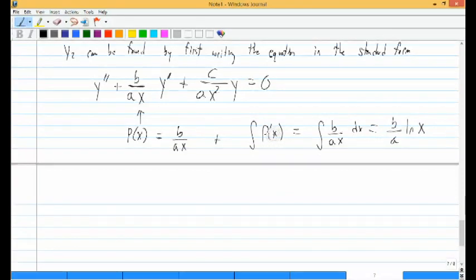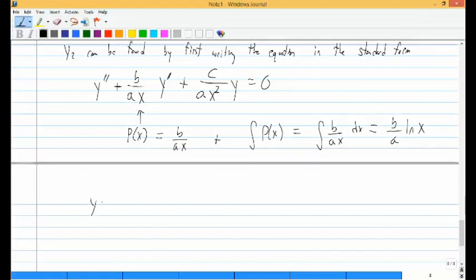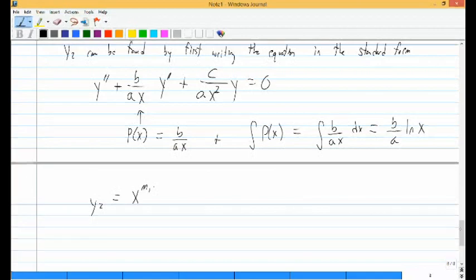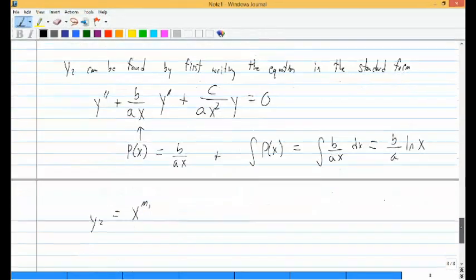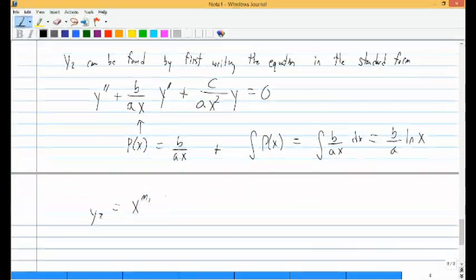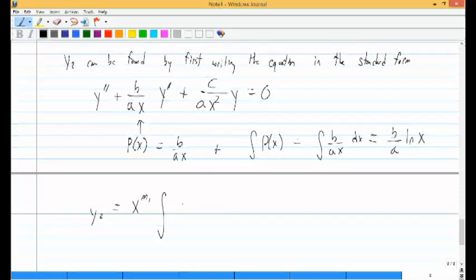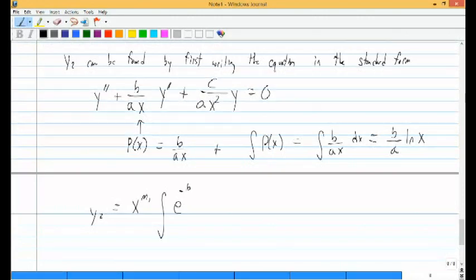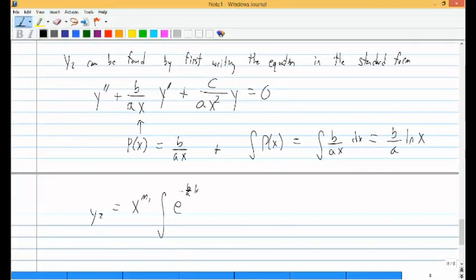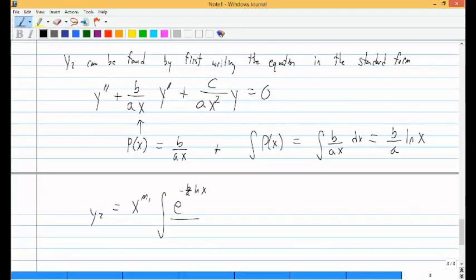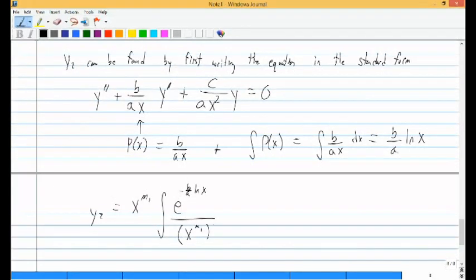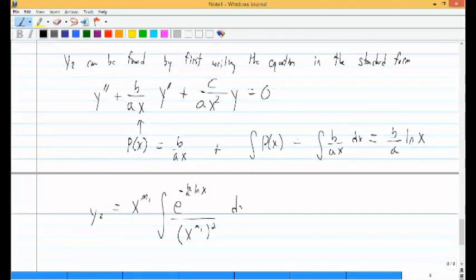So if that's your p of x, y sub 2 would be equal to x to the m sub 1, whatever we figured out our m sub 1 was equal to, times the integral of e to the negative p of x, so e to the negative b over a times natural log of x, over x to the m sub 1 squared dx.